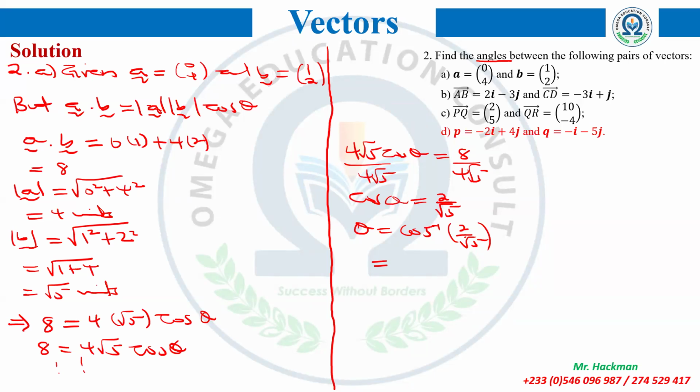Please hurry up. 26.5, 26.56, 5, 0, 5118.